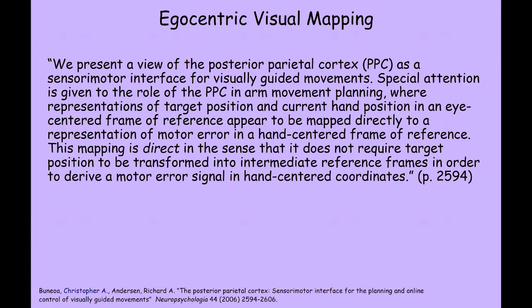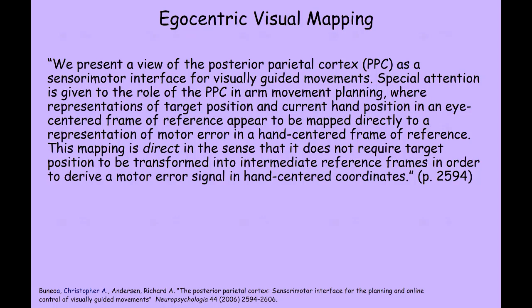Now, here's a quote from a paper from 2006 about this body-centered egocentric visual mapping. So they say, we present a view of the posterior parietal cortex, which we'll look at in the next lecture, as a sensory motor interface for visually guided movements.